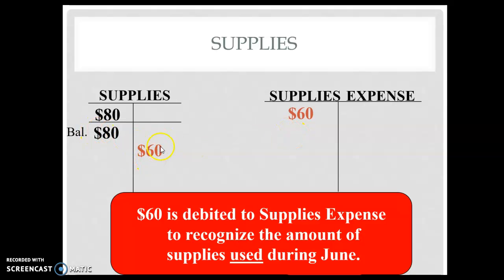This $60 credit in the asset shows that we no longer own that $60, because assets are all about what we own. The supplies expense account is all about what we used. It happens to be the same number. We used $60 of supplies.